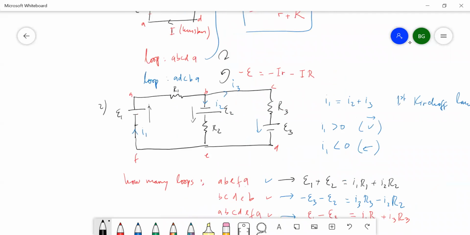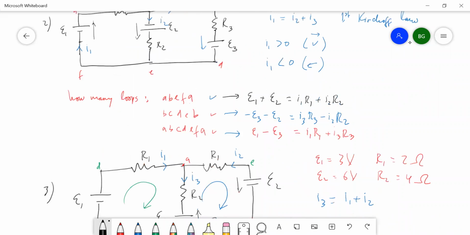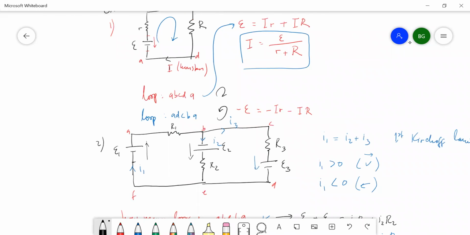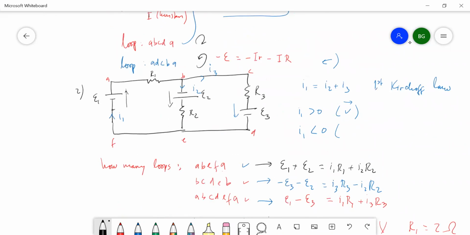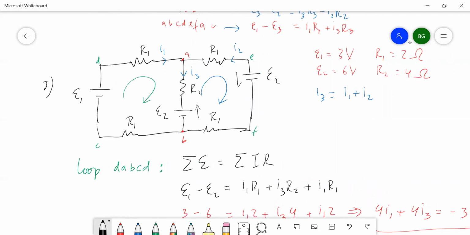So we have discussed a more complicated case like this example number 2. Yes, we have, sorry, this not. So we have this example number 3.